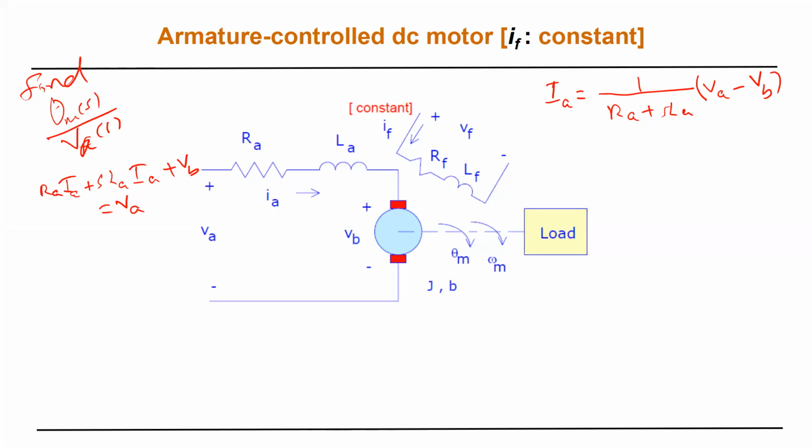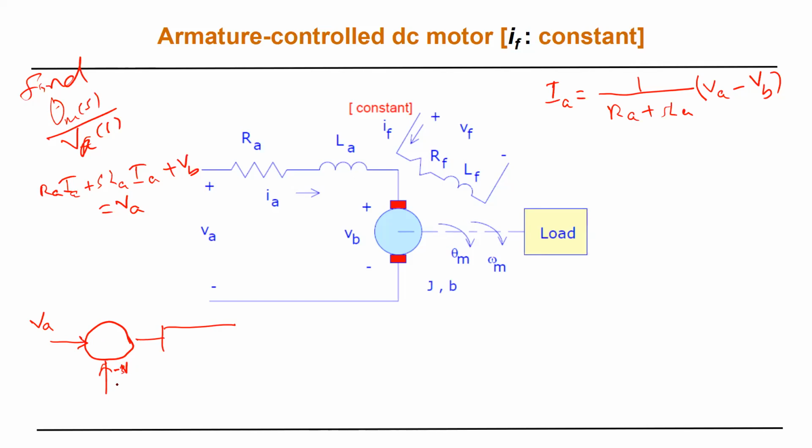Okay. Now, let me put the block diagram. Suppose I have, this is VA. In here, I have a summing point, minus VB.